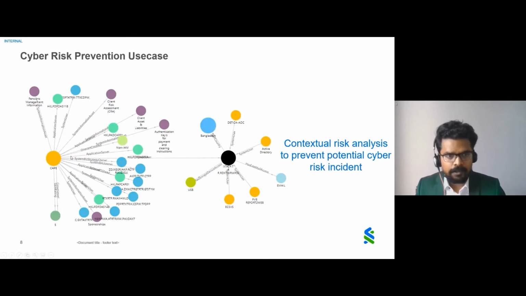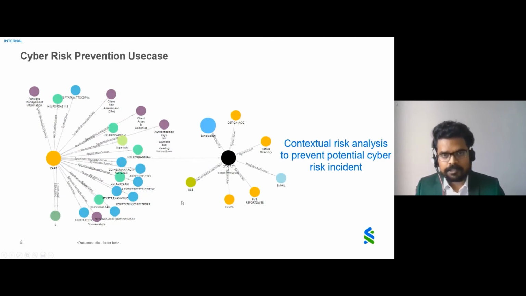For example, one of the systems called Cape, highlighted in the purple color, hosts some of the information. Client risk assessments are stored there, client assets and liabilities are stored there, and authentication keys for payment and clearing instructions are also stored in that application. So this person, who is already a privileged user of that application, is requesting USB access.